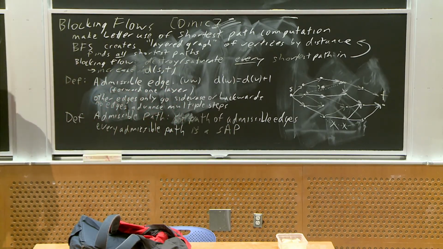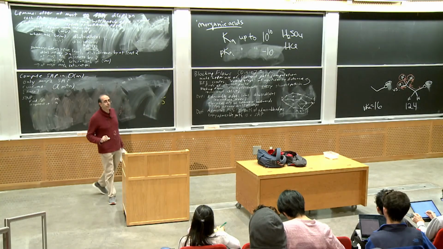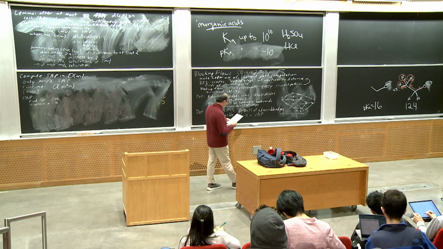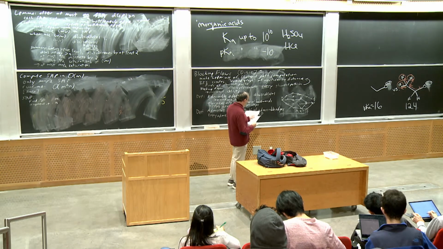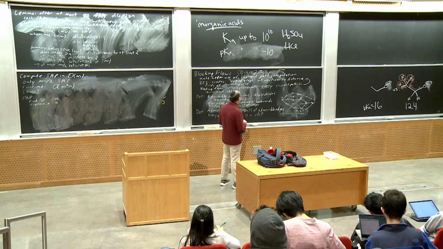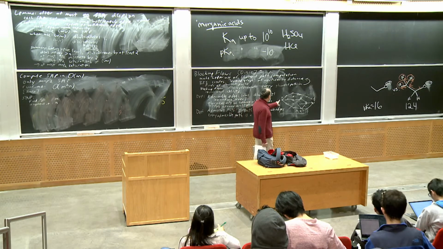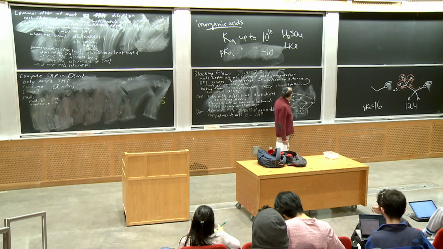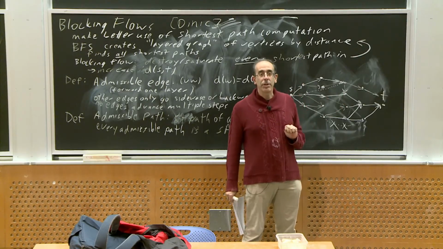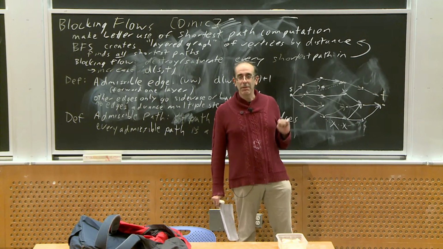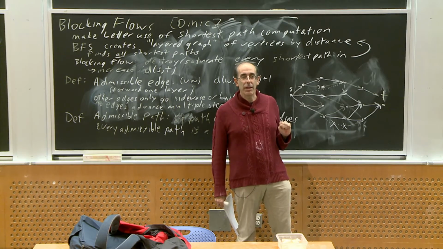Every shortest augmenting path has to be an admissible path. Okay. Right? Everybody sees why this is true in both directions, right? If it's an admissible path, right, then its length is exactly equal to the number of layers, which is equal to the shortest distance between S and T. So every admissible path is a shortest path, right?